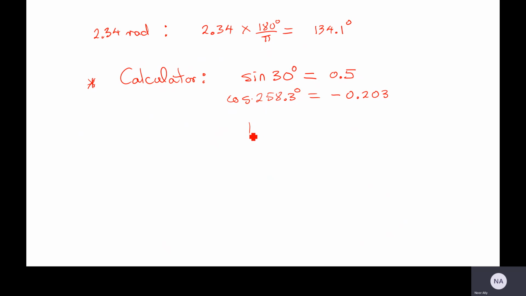Now I want you to find the tangent of 2.37. What is the tangent of 2.37? And your answer should be negative 0.973, correct to 3 decimal places.